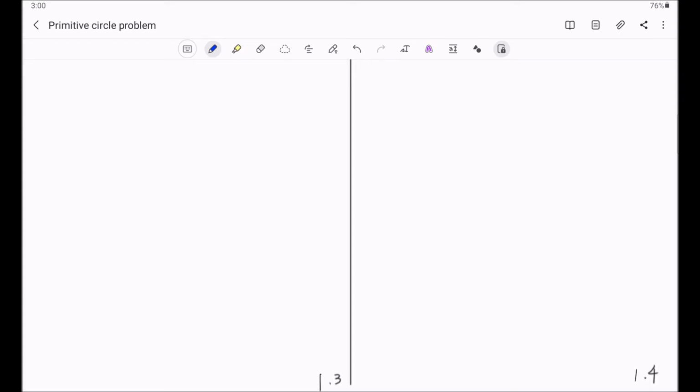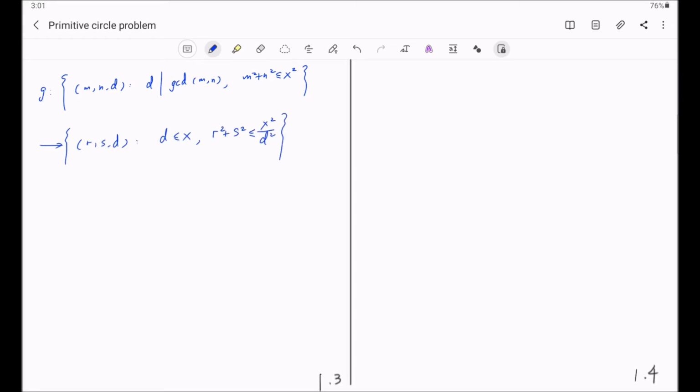The bijection is given as follows, by sending m, n, d to m divided by d, n divided by d, d.